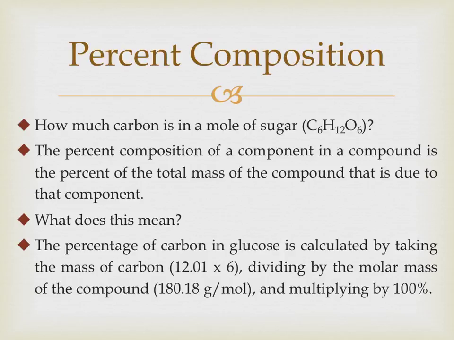Well, the percent mass or percent composition of carbon in glucose is calculated by taking the mass due to carbon, so it's not just the mass of one carbon, but the mass of all the carbons in that formula, so 12.01 times 6, and dividing by the mass of the whole thing, or the molar mass of the whole compound, which in this case for glucose is 180.18, and then you just multiply by 100 to make it a percentage.